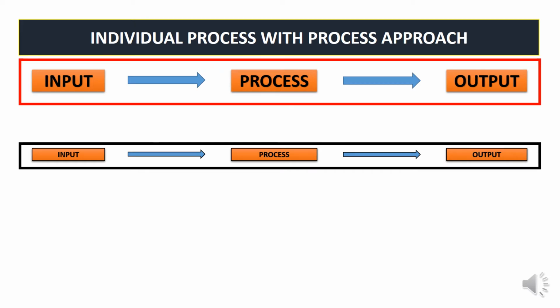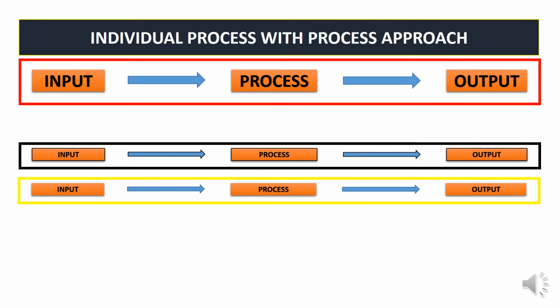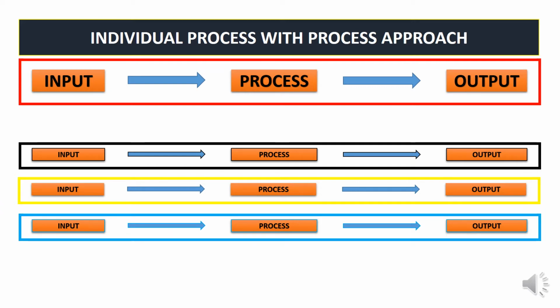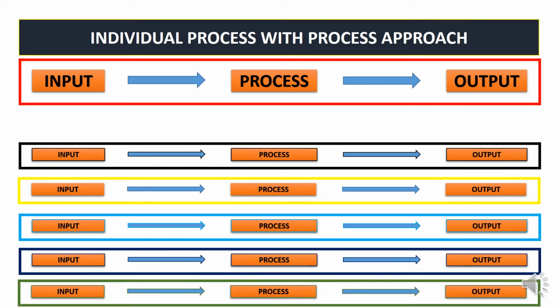Suppose a black process has some small parts which it is processing or assembling and making an output, and giving it to the next process, that is the yellow color process. The same way, every small process is input to the next process, and they are also working with the process approach, which is input, process, and output.